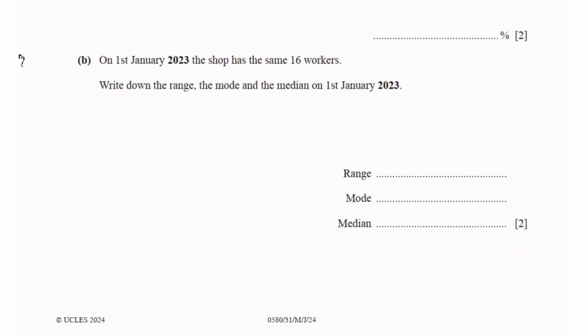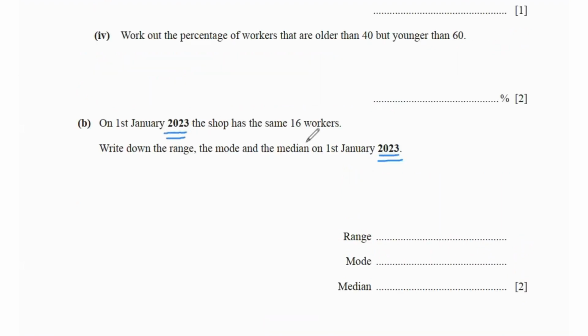Next part says on 1st January 2023, the shop has the same 16 workers. Write down the range, the mode, and the median on 1st January 2023. As you can see, they've highlighted 2023, and the values given initially in the question were for 2022. So which means we have to add 1 year to each of those values and then find the range, mode, and median.